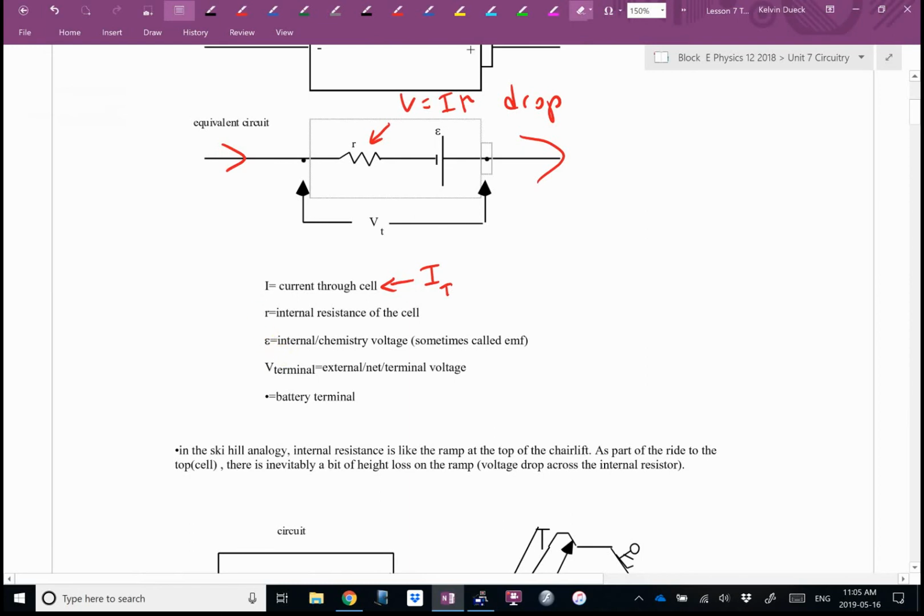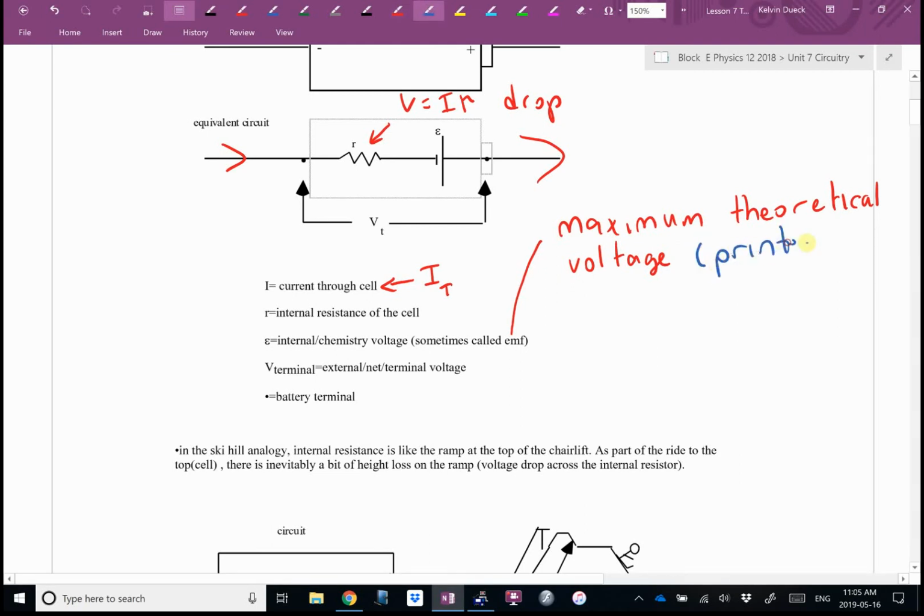E, this funky Greek letter sitting right there, is an abbreviation for EMF, which stands for electromotive force. It's not a force. It's an archaic term that was poorly named, but it's the industry tradition. This is the maximum theoretical voltage.